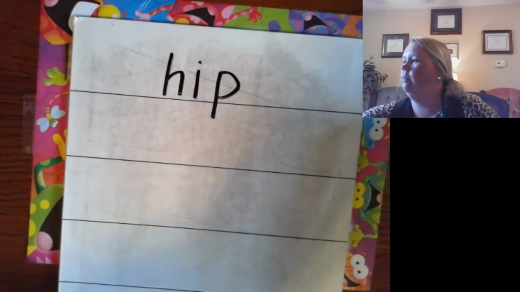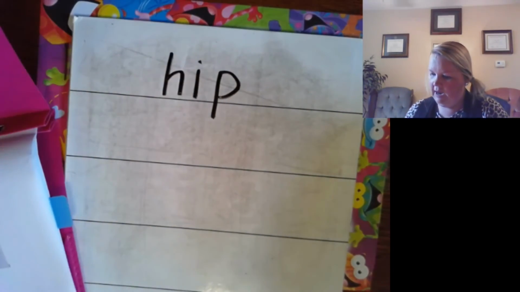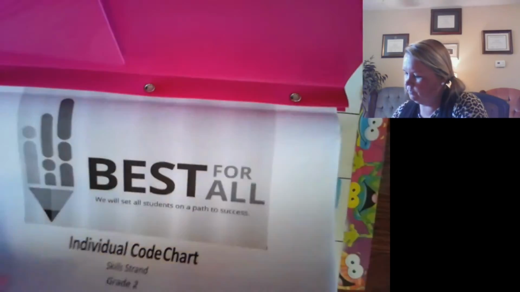Oh, I'm not sure. I'm going to go to my code chart. I'm going to look it up. I'm looking for it. Okay, I found it. So it's this sound, shh, and it's spelled SH, most commonly because of the power bar.